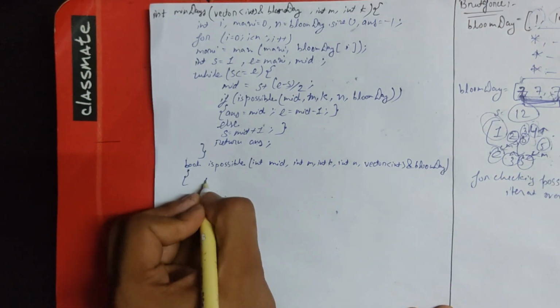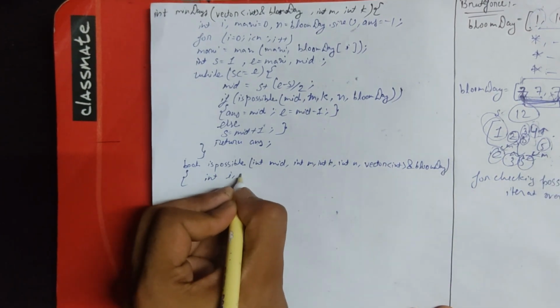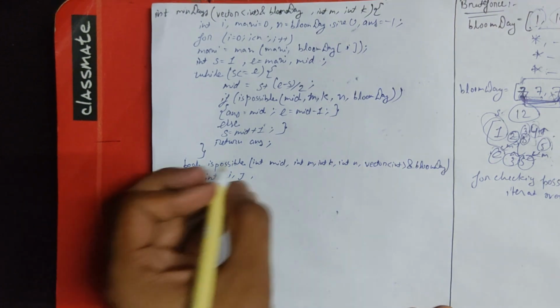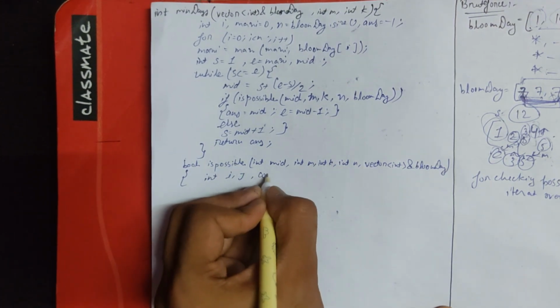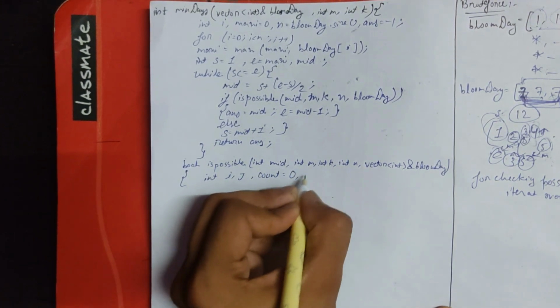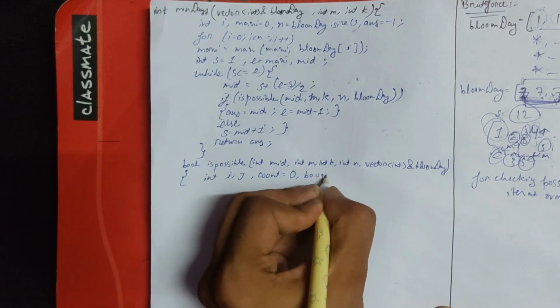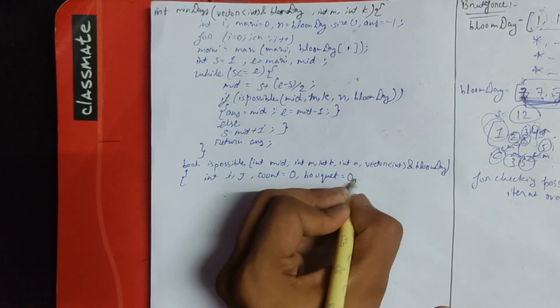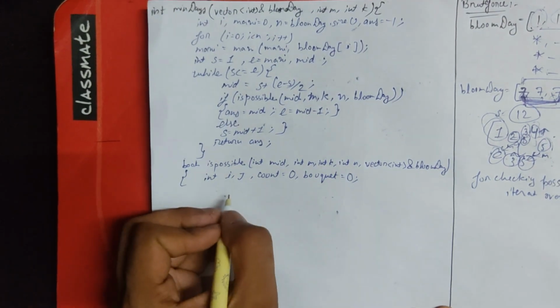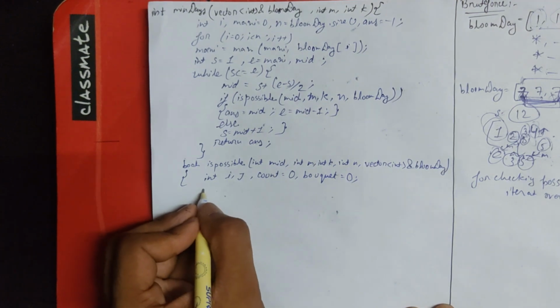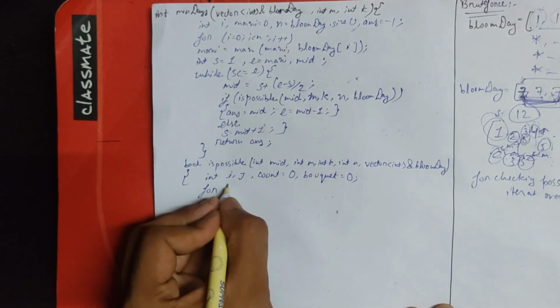Now let's declare the variables we will be using. I, we can use j. Let's declare more variables so we don't have to worry about any variable later. So now let's run a loop in this array only.